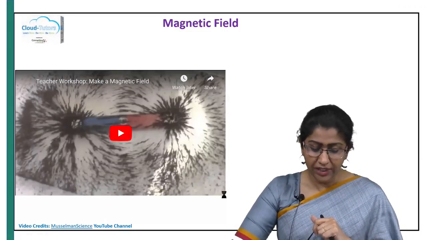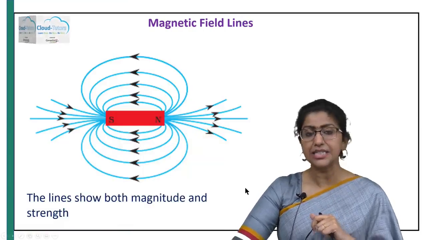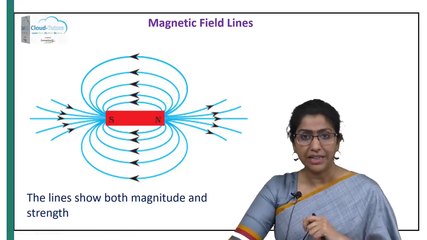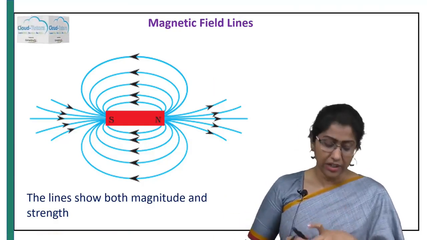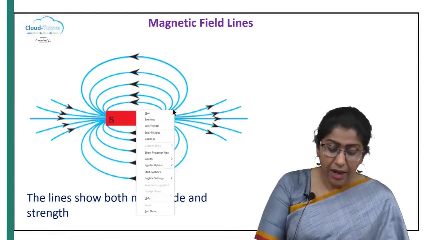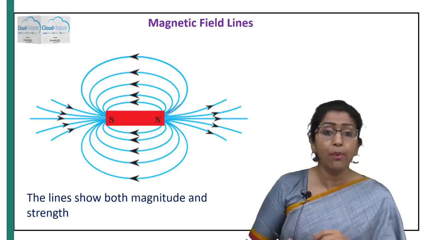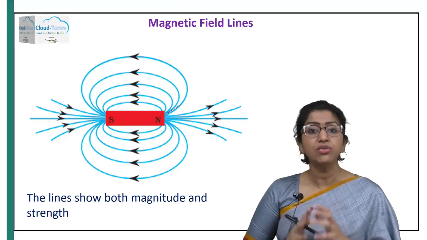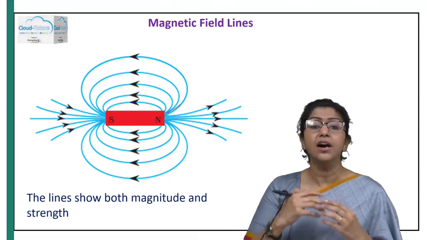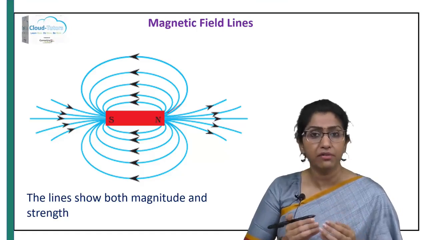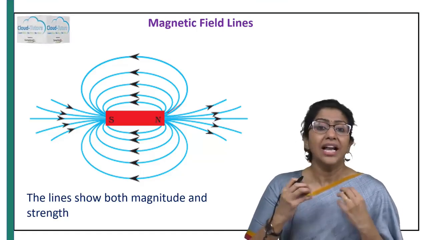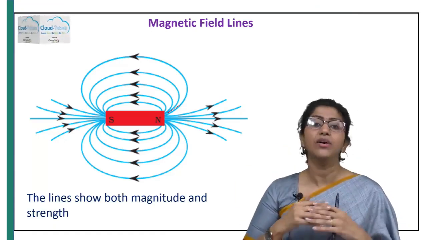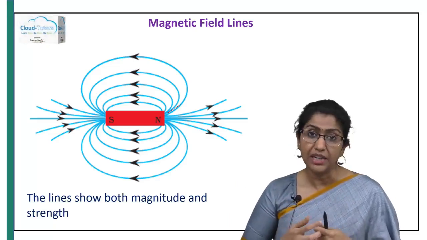Now that we have looked at the video, let's move on and understand what these magnetic field lines are and also discuss the properties of magnetic field lines. As we have said already, the magnetic field has both direction and magnitude, right? It's a vector quantity, and using the experiment that we saw in the video, you can see that there is a particular direction to the magnetic field, and it also indicates the strength of the magnetic field, correct?